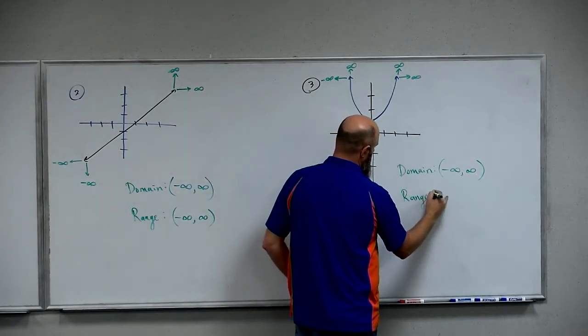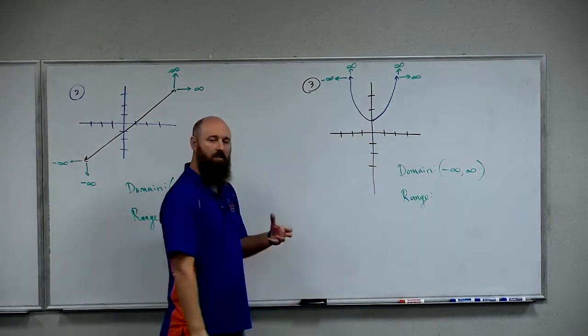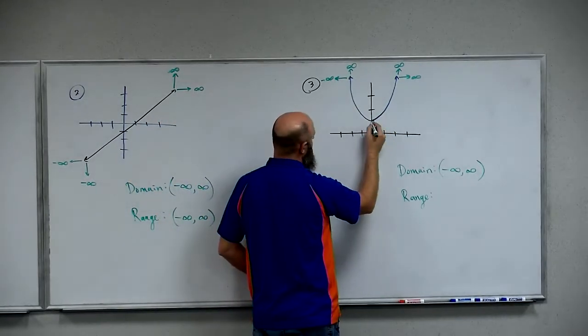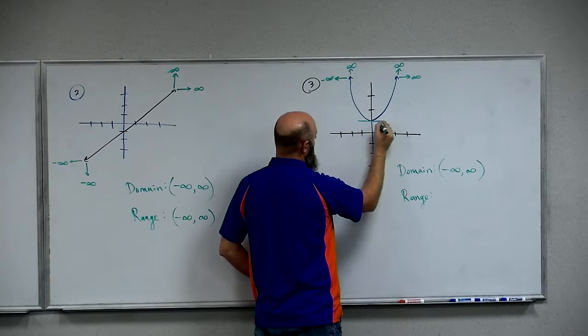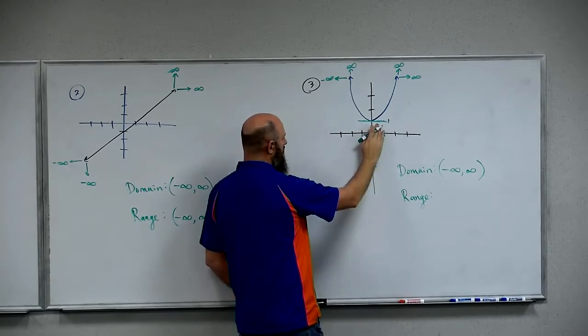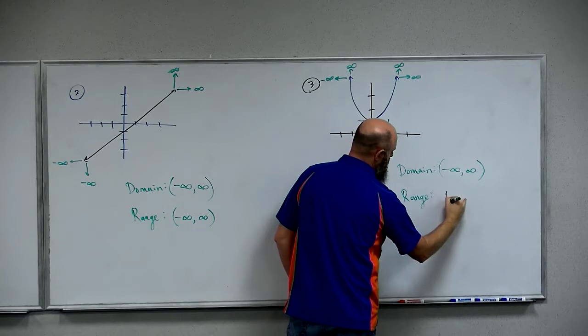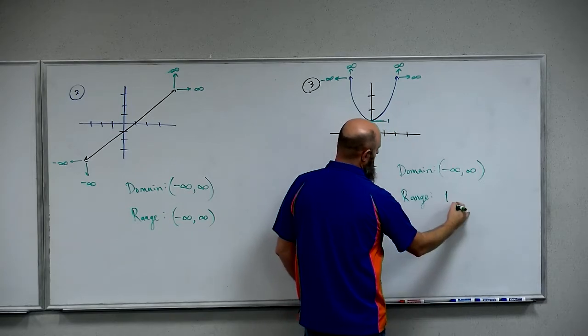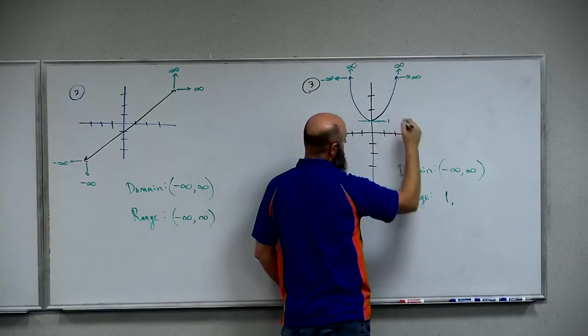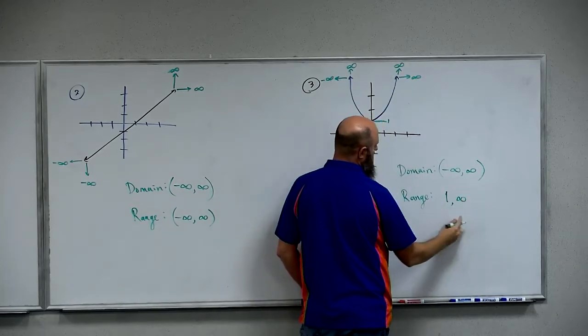Now range. So what's the lowest place of our graph? Well, we look at our blue line, nothing goes lower than right here, which is at 1. So our lowest number in this case is 1. Our highest number, it goes up forever in both cases, which is positive infinity.